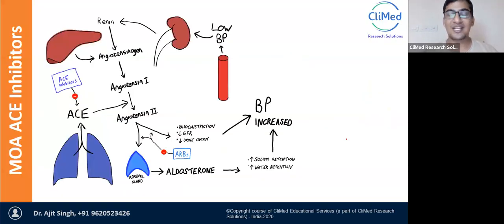Okay, ACE inhibitors. So what is the exact mechanism of action? Simple, as we have understood by the RAS system. So simple.